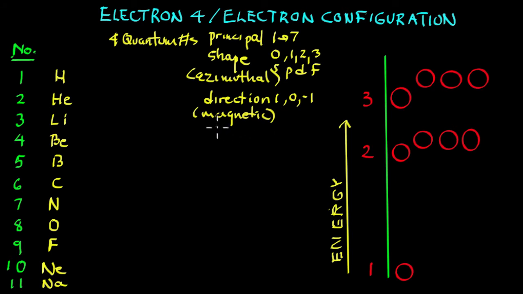The fourth one was identified by Wolfgang Pauli. It's called the spin quantum number, and it's plus 1/2 and minus 1/2. Now these numbers, you don't rank these like an interval number, 1, 2, 3, where 3 is more important than 2 or 1.